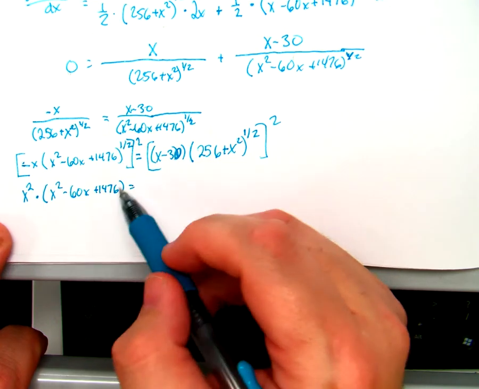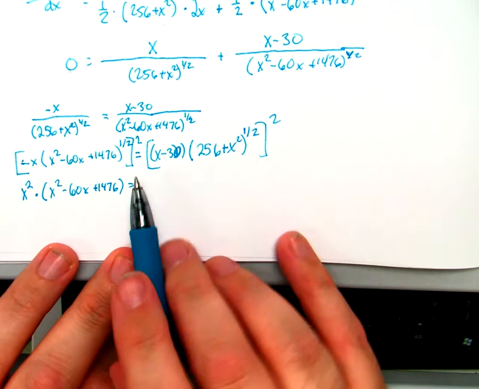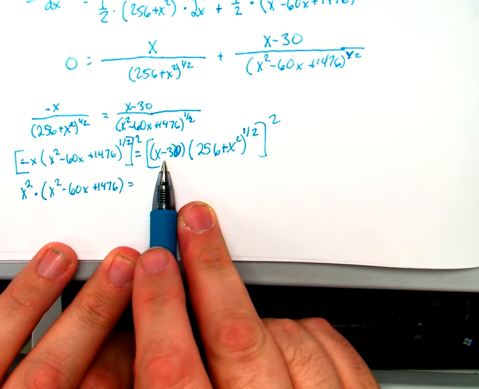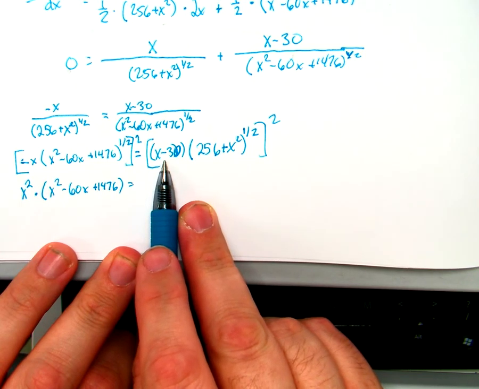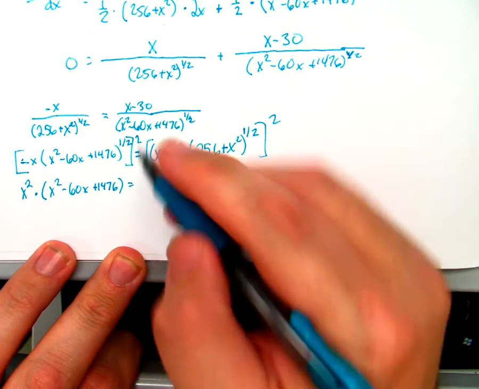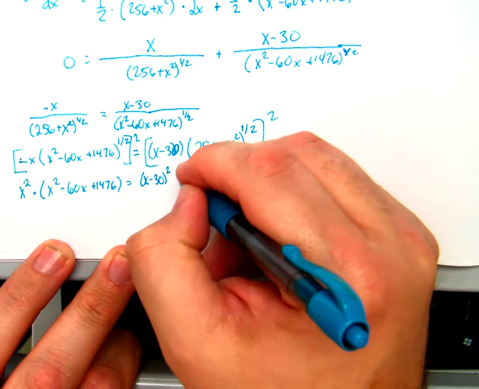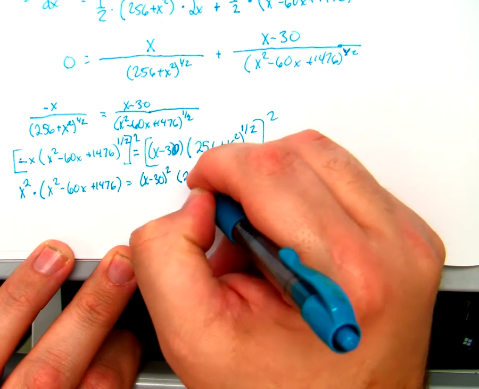Now, I'm going to get this squared, x minus 30 quantity squared, times the quantity of 256 plus x squared.